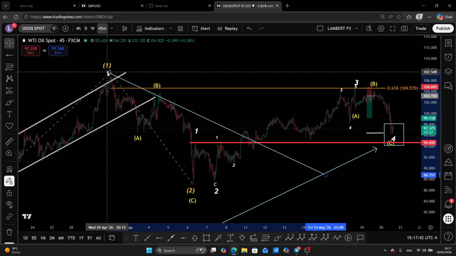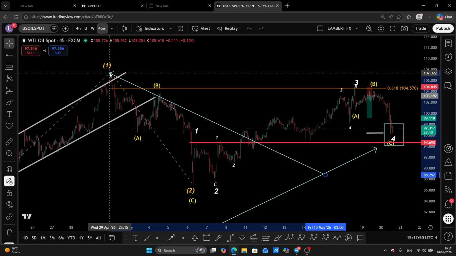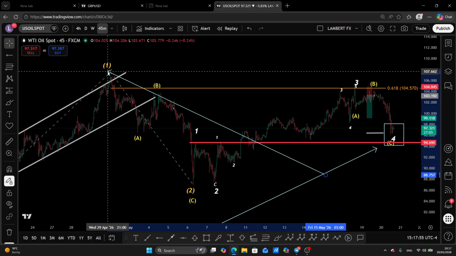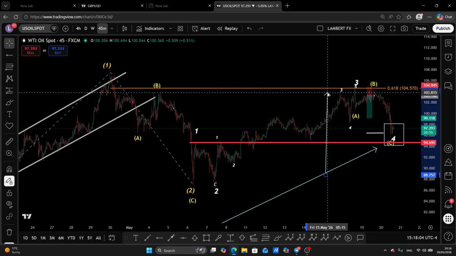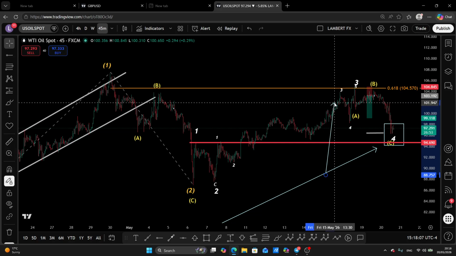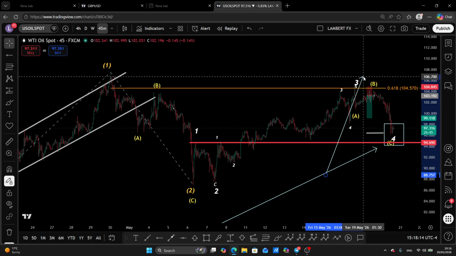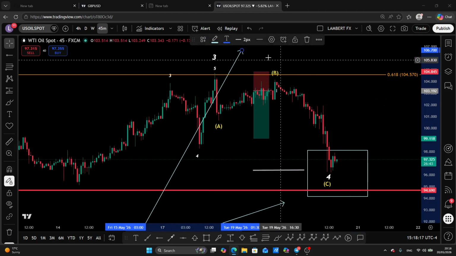So basically we need to trade above 107,500, 107,550. You need to trade above that kind of region to get your 5.